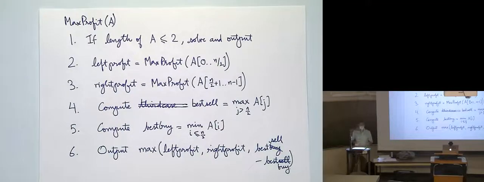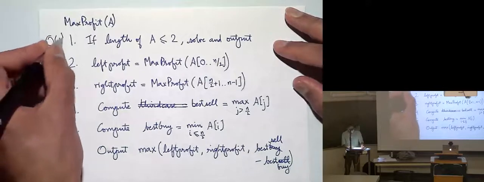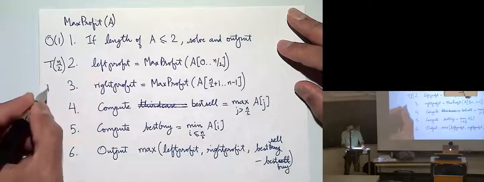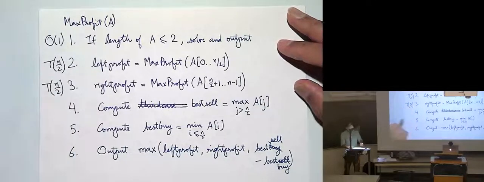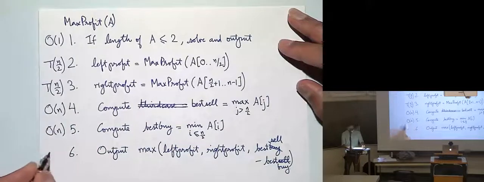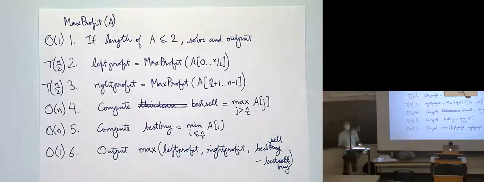Right? And so for running times, we get O of 1 here. This is T of n over 2, T of n over 2, O of n, O of n, O of 1.